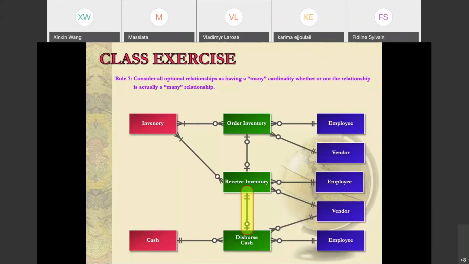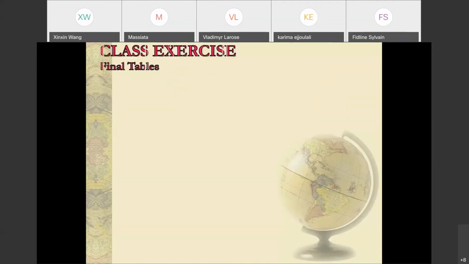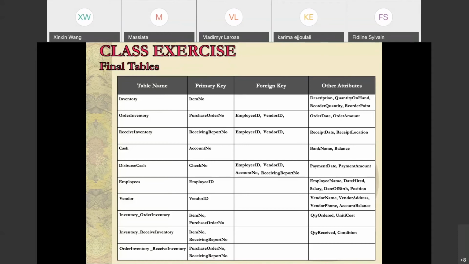And then this one becomes a one-to-many relationship, which leads to having the receiving report number as the foreign key of the dispersed cash table, right? So after all the steps, the final table becomes like this.